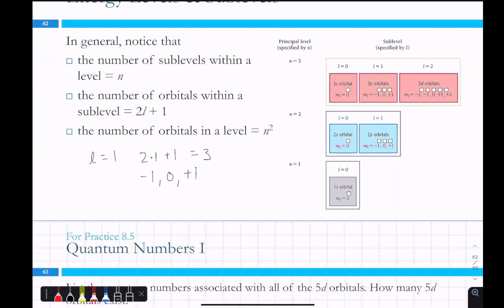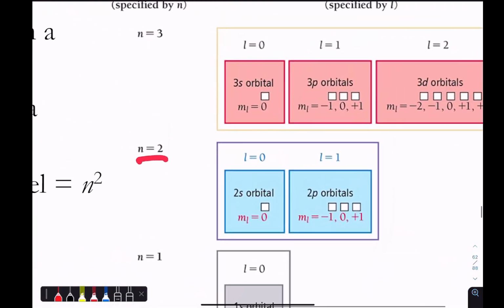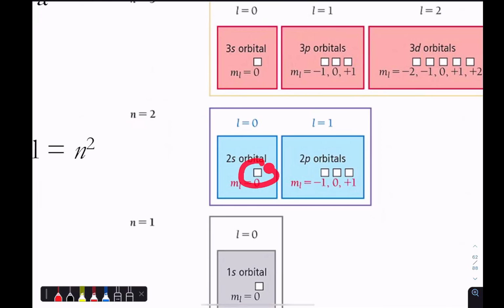It feels like a weird thing, but so n equals 2, how many orbitals should there be, regardless of sublevel? What's n squared? 4. And so in n equals 2, there's the 1 2s orbital, and then there's 3 2p orbitals. So for a total of 4 orbitals.